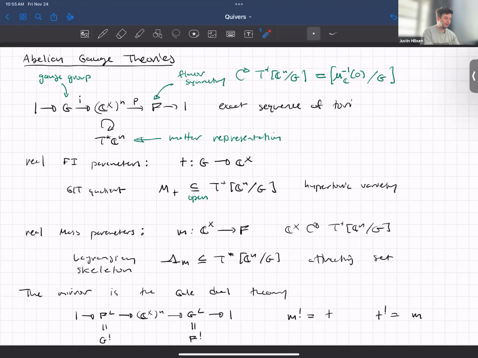So I had defined this open hypertoric variety being the GIT quotient with respect to this real Fi parameter, and defined this real mass parameter, which is something in the flavor, and defined its attracting set.